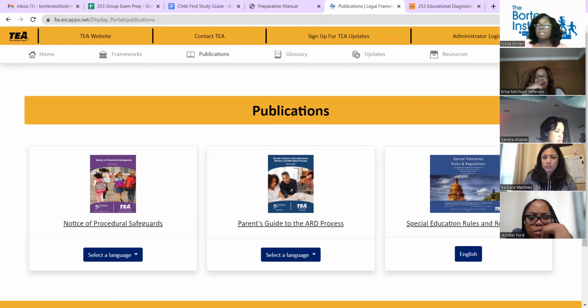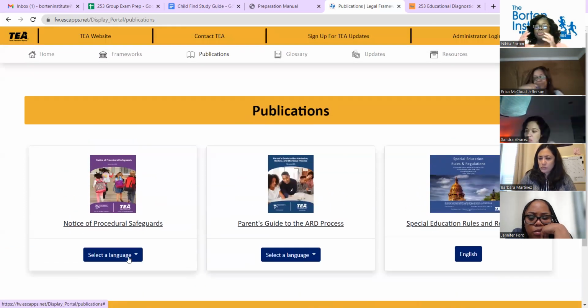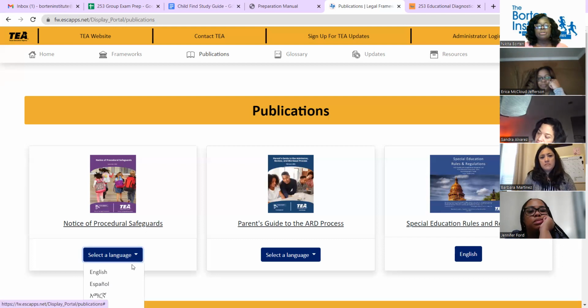The Notice of Procedural Safeguards is a booklet that condenses the law that you find in this website into layman's terms so that a normal, regular person, like a parent, can understand what the law is saying about this child find process, this process of identifying and assessing to determine if the student meets criteria for special education. Okay, you're able to click here, it'll show you English, Spanish, or even these other languages, which is pretty amazing.